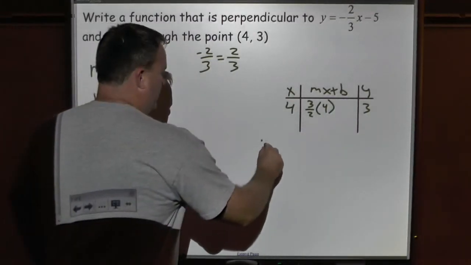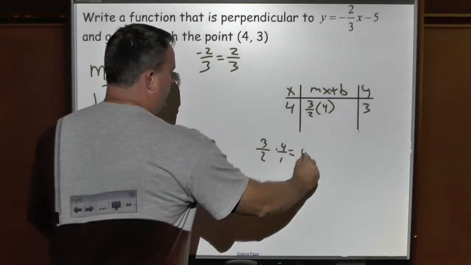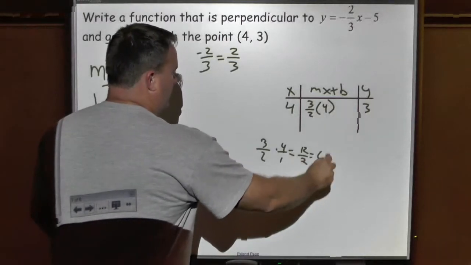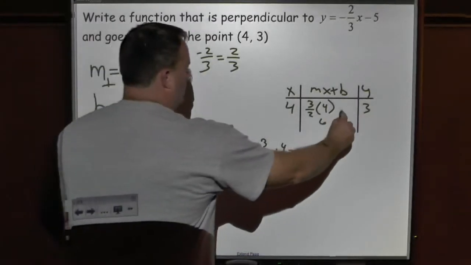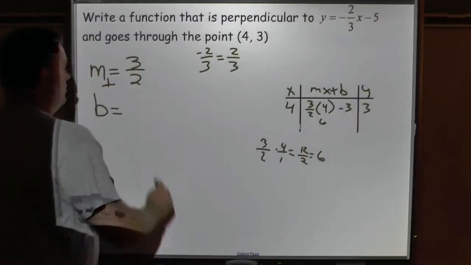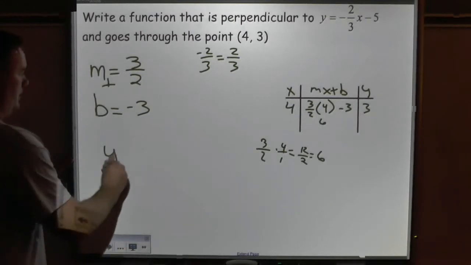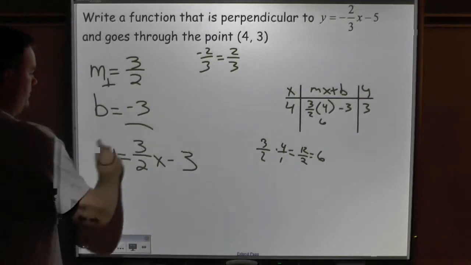You can do this off to the side. 3 times 4 is 12, over 2 times 1 is 2. That gives you 6. 6 and what gives you 3? Negative 3. So the y-intercept for this problem is negative 3. So the equation is y equals 3 over 2x minus 3.